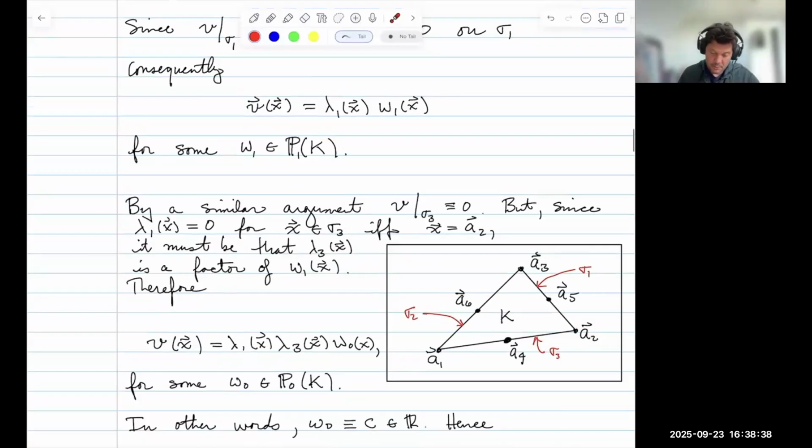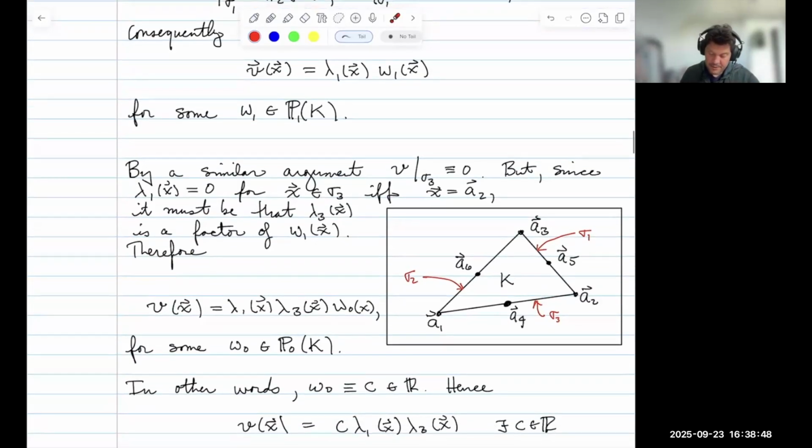Now what we want to argue is that this remainder has a factor which is exactly equal to 0. All right, so now by a similar argument, we can argue that V is identically equal to 0 on sigma 3, right? Because when I restrict to sigma 3, it's a polynomial of degree 2, and it's 0 at 3 distinct points. Therefore, it's identically equal to 0 on this whole line.